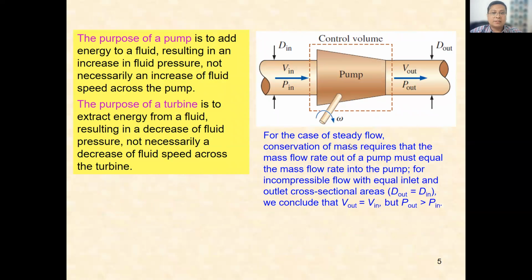As I said before, we utilize the energy of the fluid from the system to rotate the turbine and become mechanical work. But for the pump, we convert mechanical work into fluid energy. So that is the opposite between the turbine and the pump.